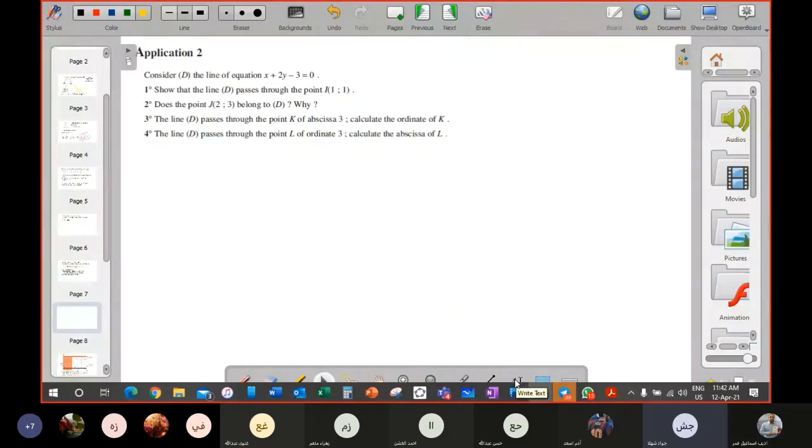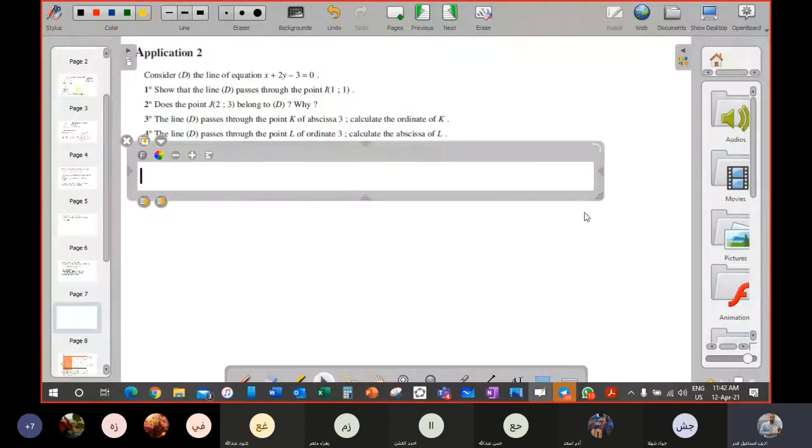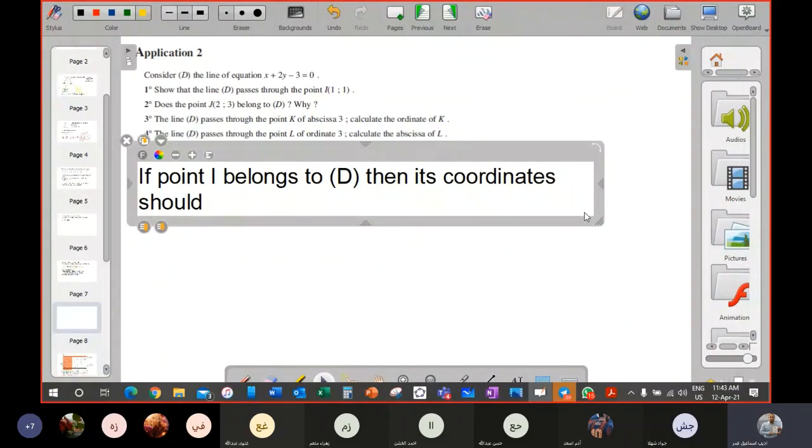Part 1, wait. I say if point I belongs to line D, then its coordinates should verify the equation of D. How?